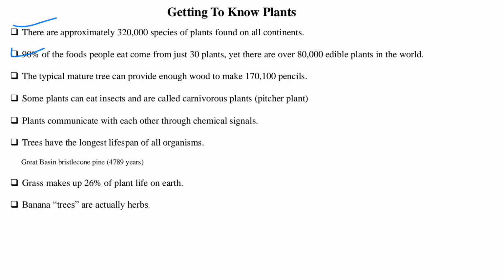Then there is the fourth important point: some plants can eat insects and are called carnivorous plants. One example of these carnivorous plants is the pitcher plant.